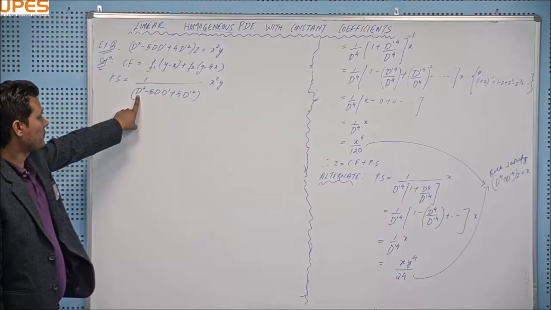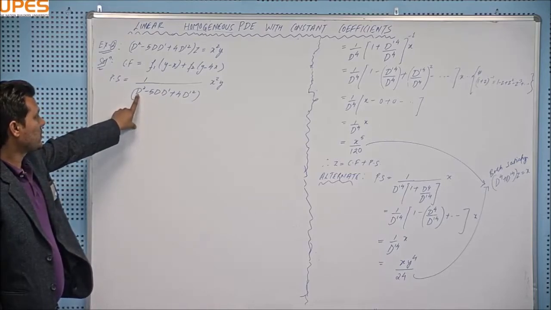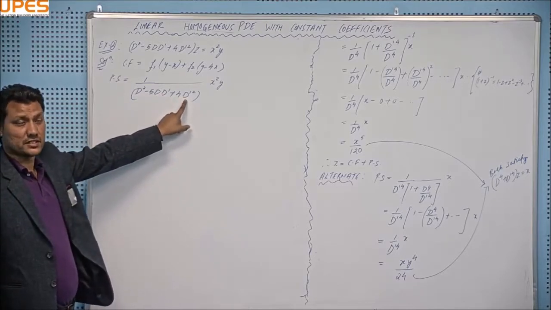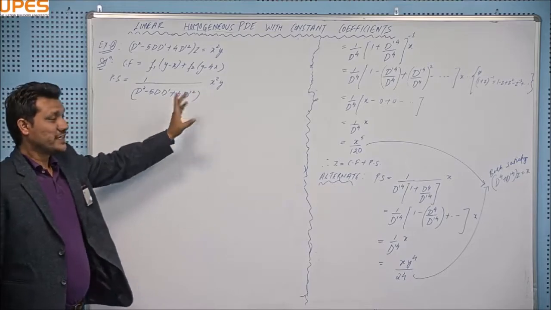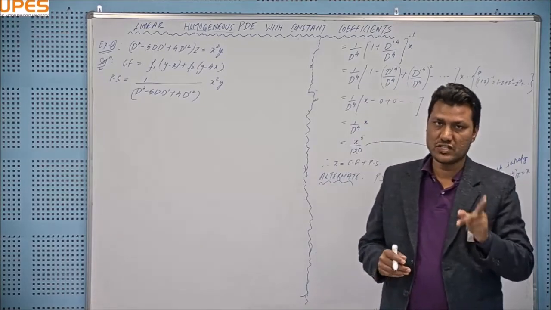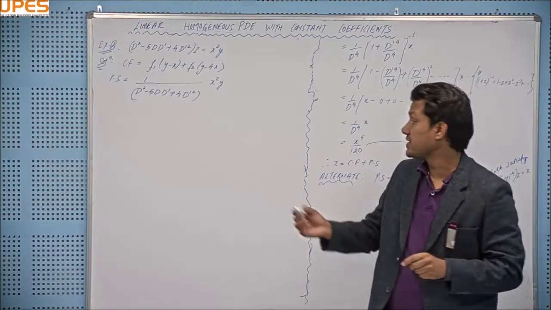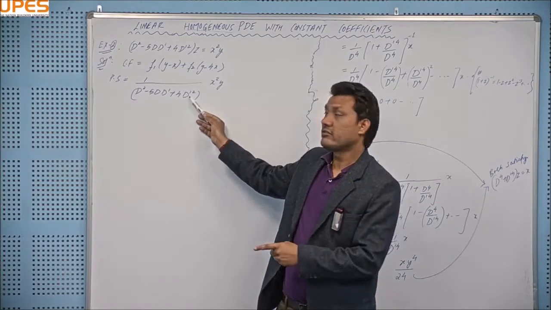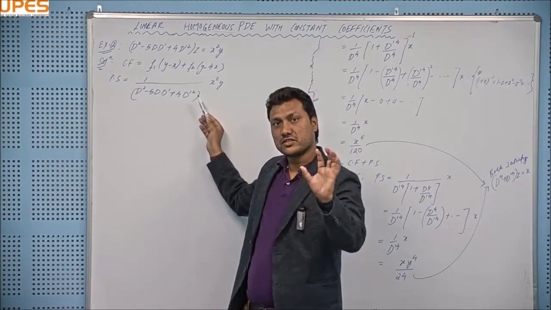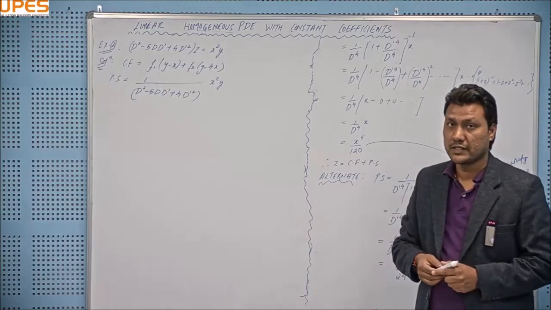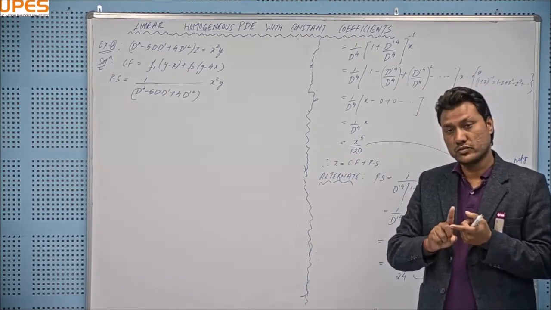If you take D square common, then the expansion will be in powers of D' by D, and that will be easy, I think, because the expansion in powers of D' by D indicates that you have to perform integration with respect to y, since D' is in the numerator.